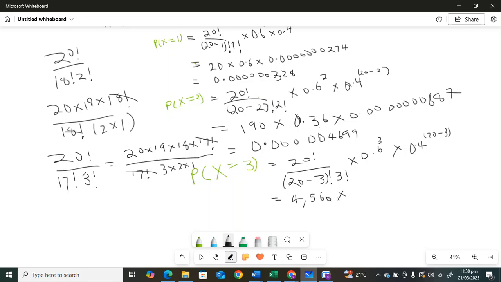Then 0.6 to the power 3 multiplied by 0.4 to the power 17.